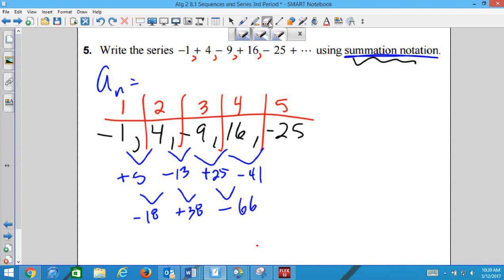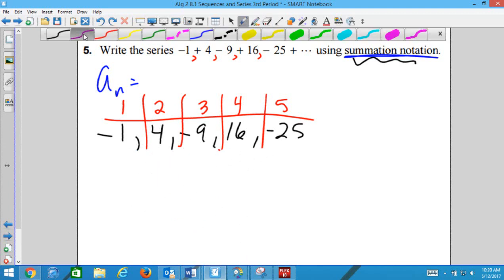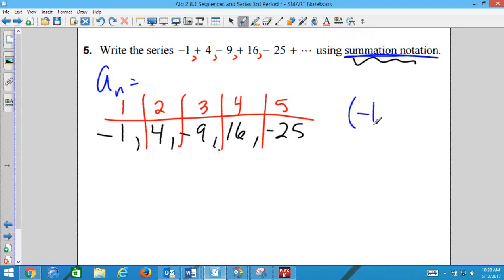So when we are alternating positive, negative, what you wanna do is put a -1 to the n as part of your summation notation. Now we have to figure out if -1 to the n is getting us the correct signs, because the first one has to be negative, the second one has to be positive, not vice versa.